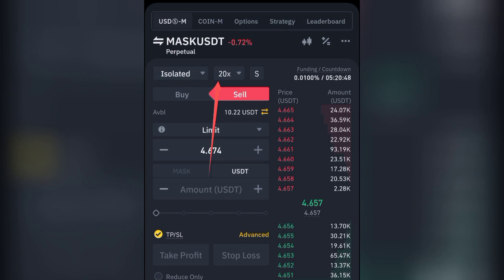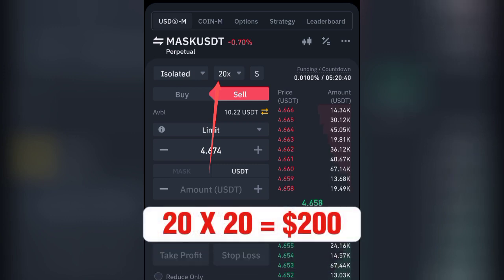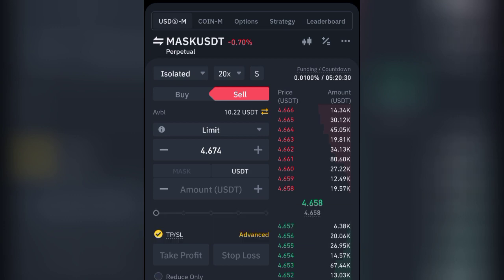So what that means is that your initial capital, which is my $10 I want to enter this particular trade with, will be multiplied by this 20x leverage, and that will actually give me $200, which means that I'm entering the trade with $200 and not that my $10. So the capital I will be entering the trade with is $200.